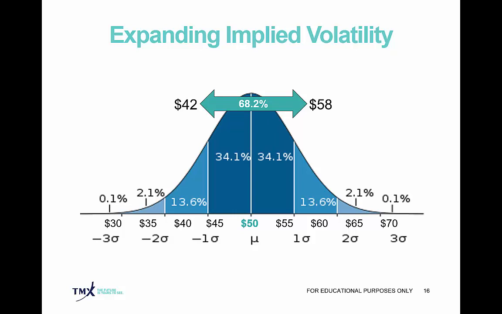So what happens is leading into that announcement, you'll see an expansion of implied volatility. And so you need to be aware of that, because as the option buyer, if you're considering participating in the opportunity, you're going to be paying more for that contract because of that uncertainty.